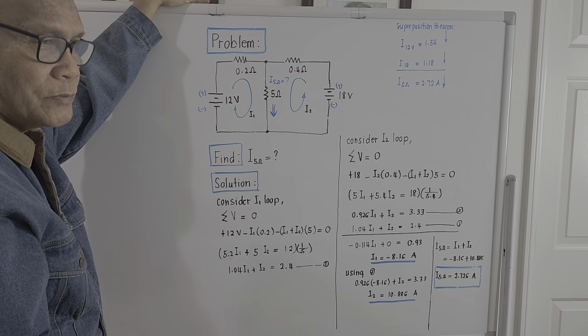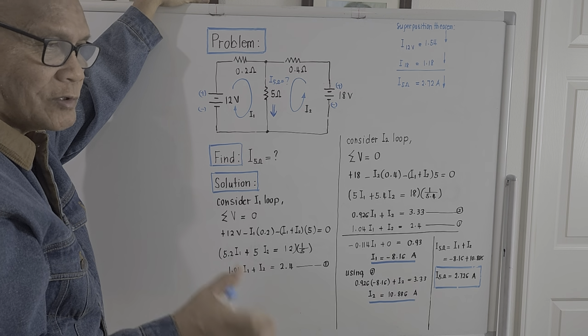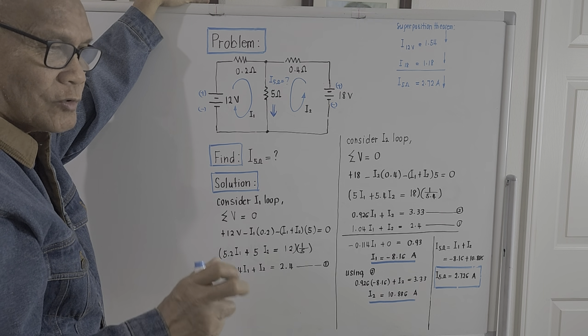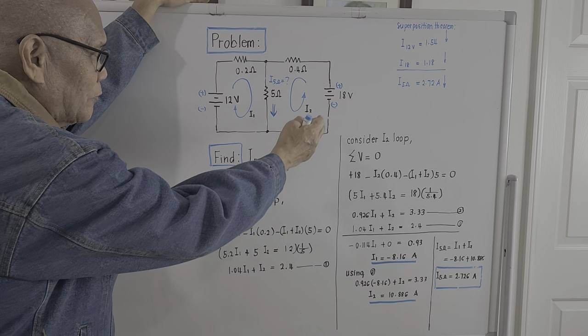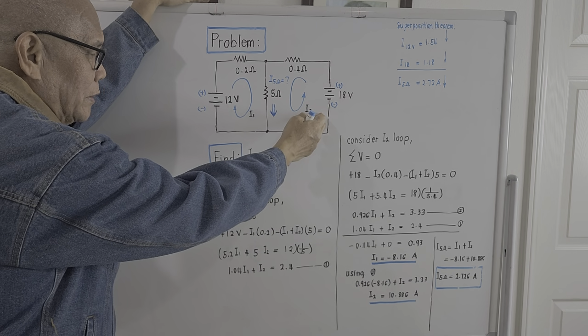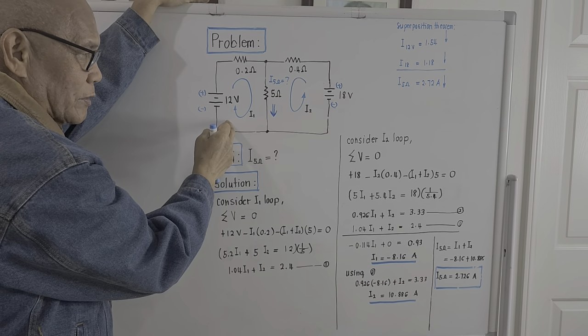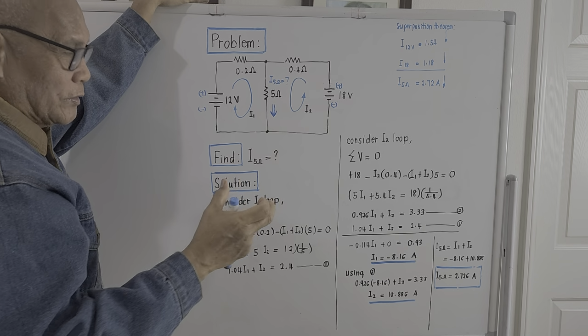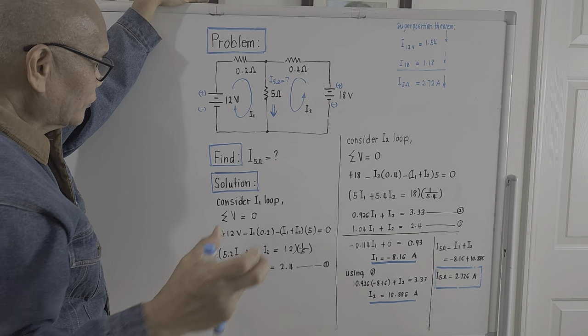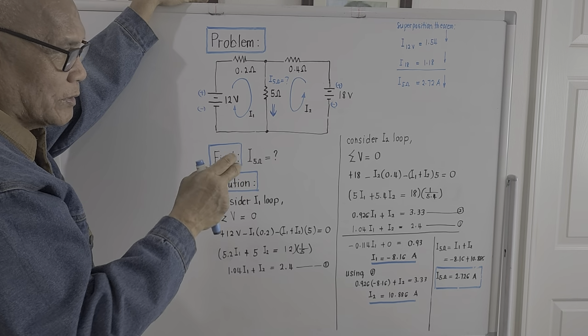Then we will solve the two equations simultaneously, so we can solve for the current delivered by voltage source number 1 and the current delivered by voltage source number 2.